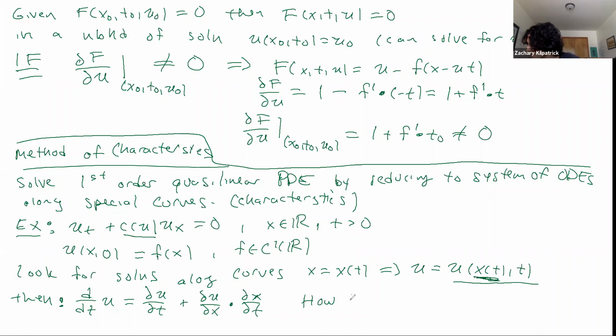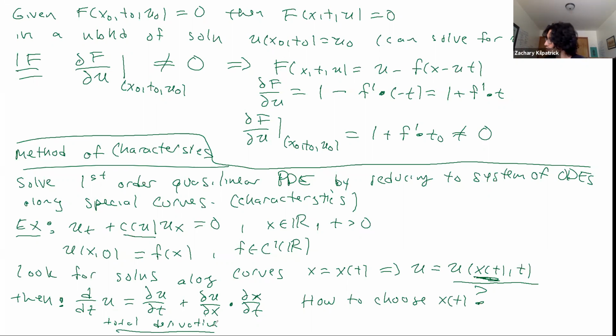So the question is, how do we choose x of t to help us? It looks like this is just going to make the derivatives in our equation more complicated. How can we choose it so that maybe things cancel out so that we get an ODE that we could potentially solve, okay? So the idea is that if we want this, which is called our total derivative, to simplify nicely, okay?